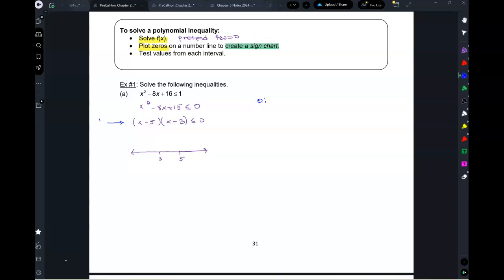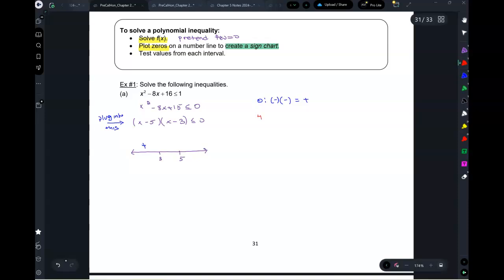I prefer to plug into this because it's less calculation. So when you plug 0 into the first parenthesis, you get 0 minus 5. That's a negative number. In the second parenthesis, you also get a negative number. That makes positive. So this is positive.